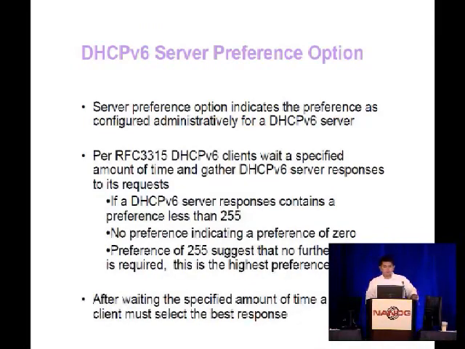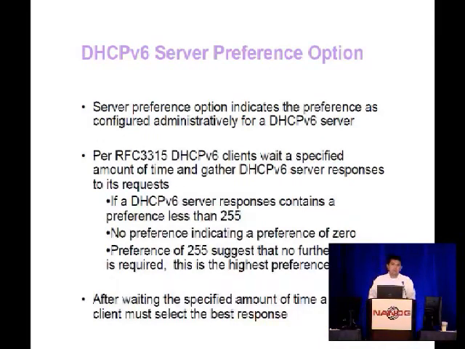semantics behind the option. If there's no preference, it's an indicator that the preference is 0. A preference of 255 is essentially the most preferred. It is the highest preference, and for anything with preference less than 255, there's explicit behavior. There's specified behavior that clients must adhere to as far as waiting for additional responses.